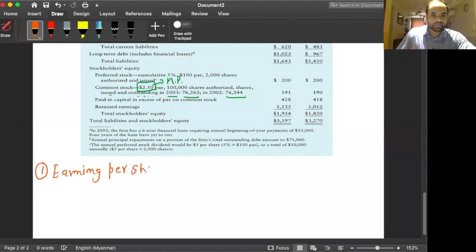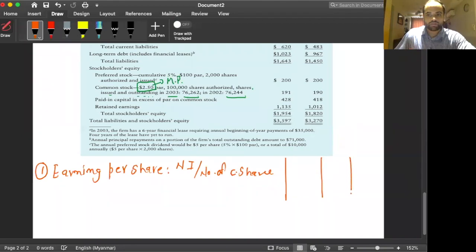Earning per share. Formula is net income divided by number of common share. This is for 2003.